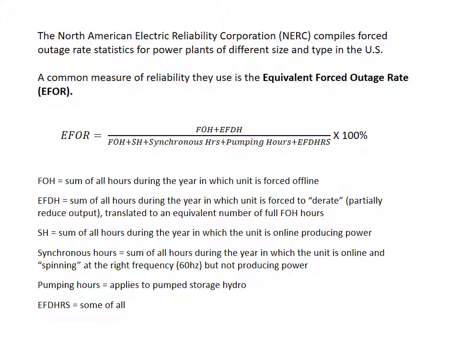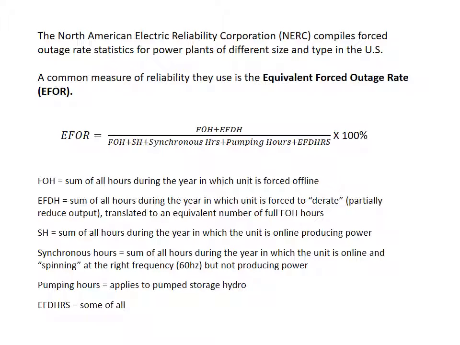And in the denominator, you have FOH plus the EFDH plus the SH, which is the sum of all hours during the year in which the unit is online, and synchronous hours, which is the sum of all hours during the year in which the unit is online but not producing electricity. So it's spinning at the right frequency.